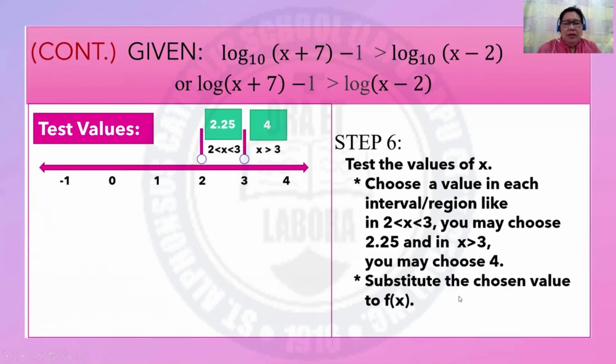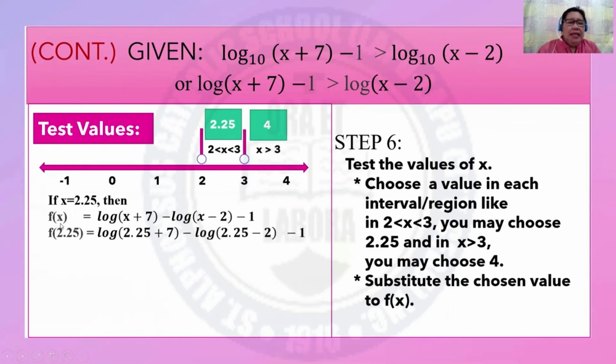Substitute the chosen value to f of x. So if x is equal to 2.25, then the logarithmic function we have f of x is equal to the logarithm of the quantity x plus 7 minus the logarithm of the quantity x minus 2 minus 1.